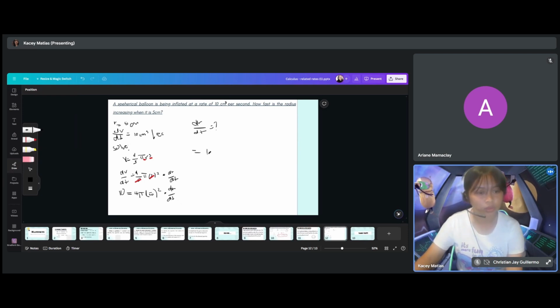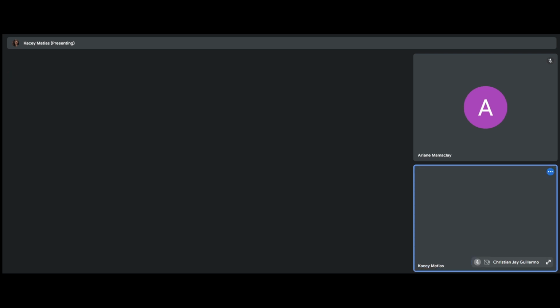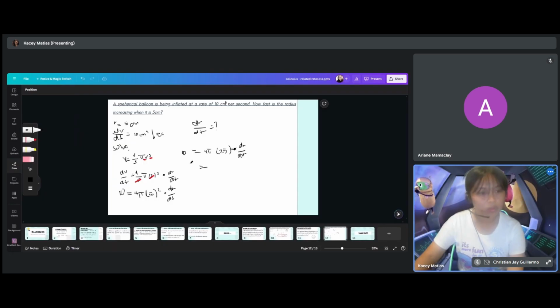So, pi 5 squared is equals to 25 times dr over dt. So, si 10. Ita-times natin ito. Si 4 times 25 which is 100. 100 pi times dr over dt.